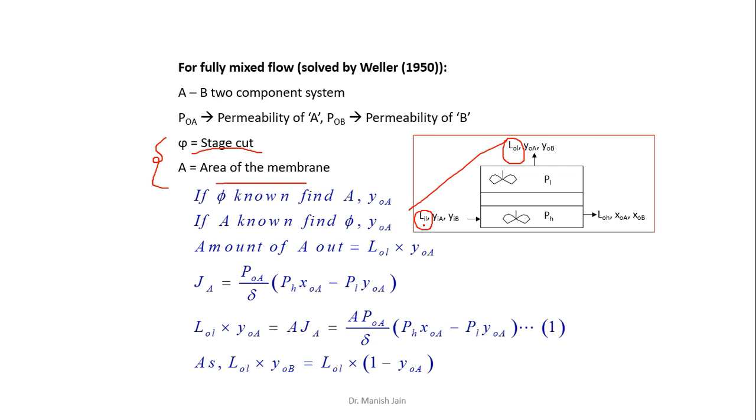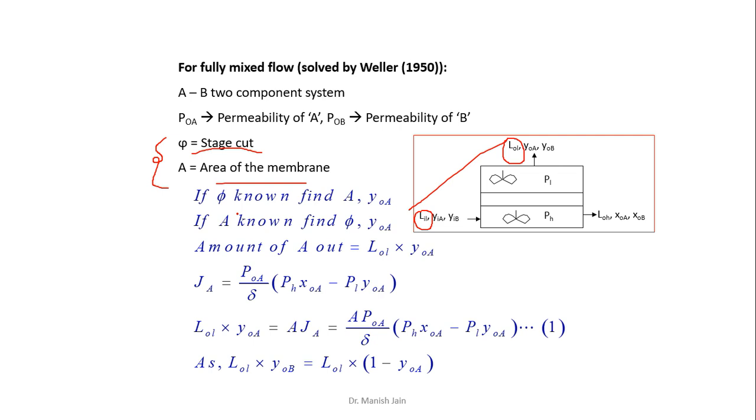Suppose you want the recovery, or the stage cut, to be 70%. Then you have to determine how much membrane area is required for 70% recovery. Or suppose you are given a membrane module of membrane area 2 meter square. Then you have to calculate the stage cut in that module.